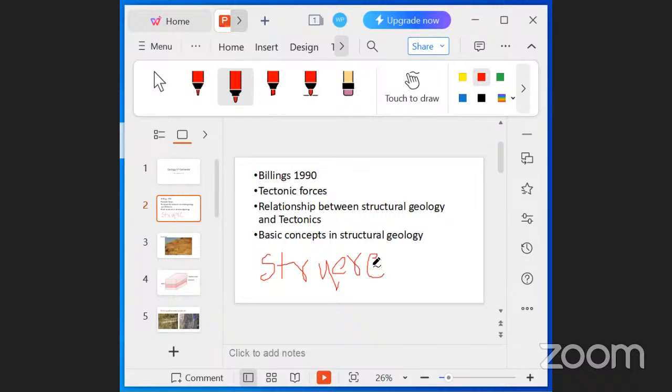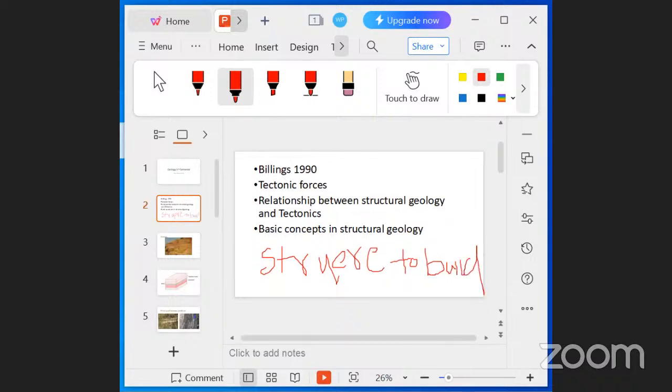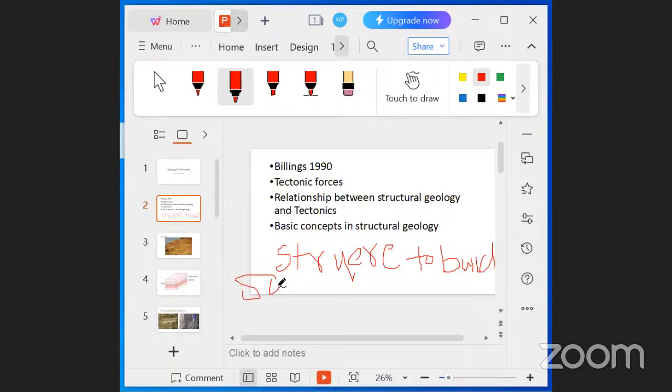So it is the Latin word struere, it means to build.